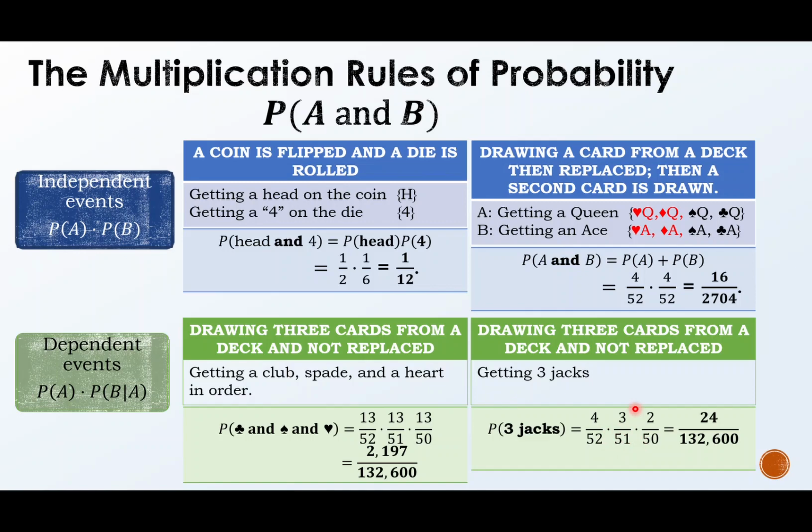And 3 na lang dito sa numerator because we assumed na nabunot na yung first jack. And then, on the third jack, since hindi natin binalik tong first 2 cards, 50 options na lang. But on the numerator, we assume here na nabunot na yung dalawang jacks out of 4, so dalawa na lang ang natira. You have 2 over 50. The product here is 24 out of 132,600. This is a probability na you will get 3 jacks. Alright?